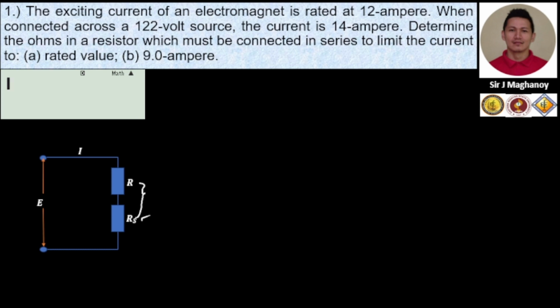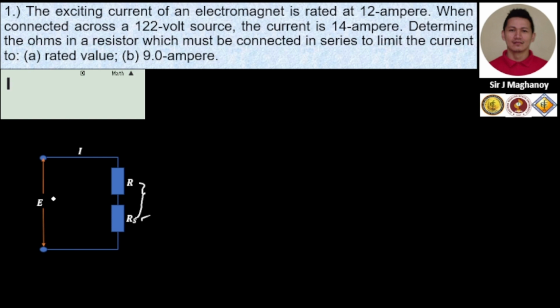We all know that in Ohm's law, the greater the value of our resistance, the slower the flow of electrons. So the resistance is responsible for limiting the flow of current in your circuit.